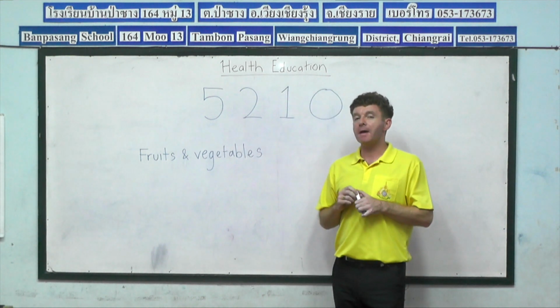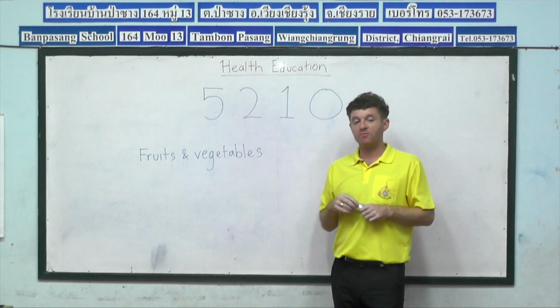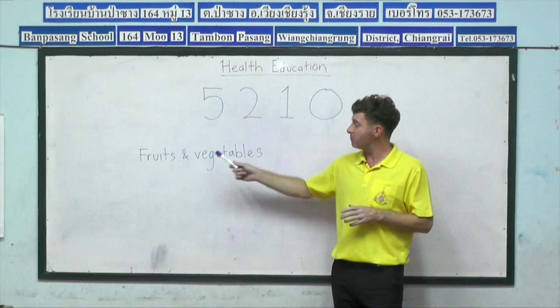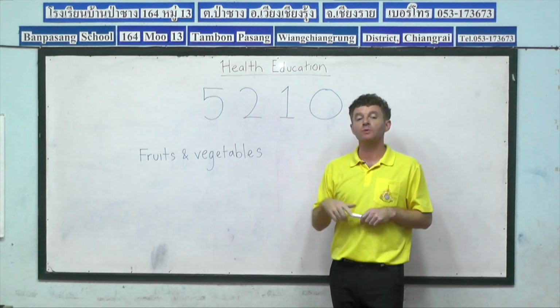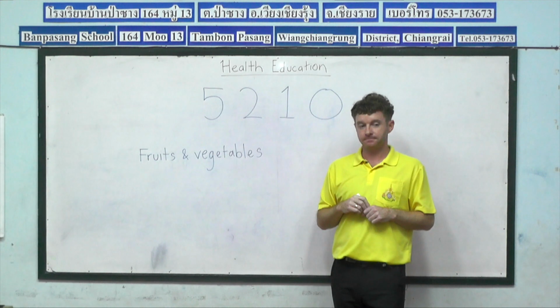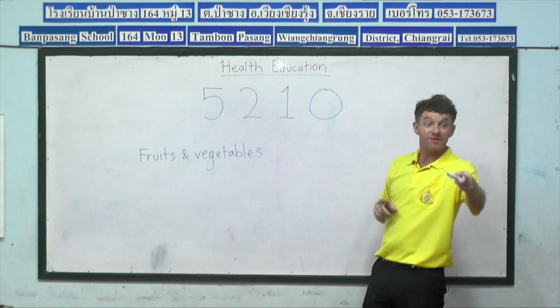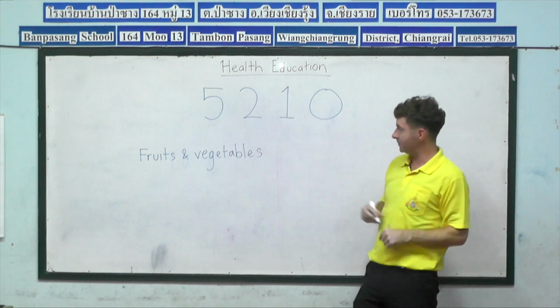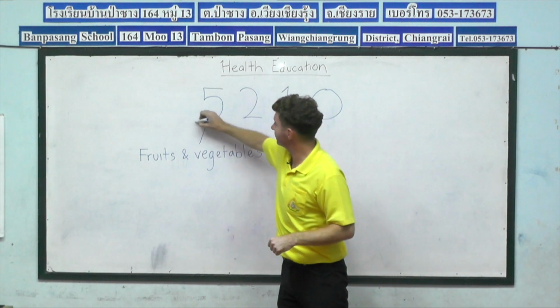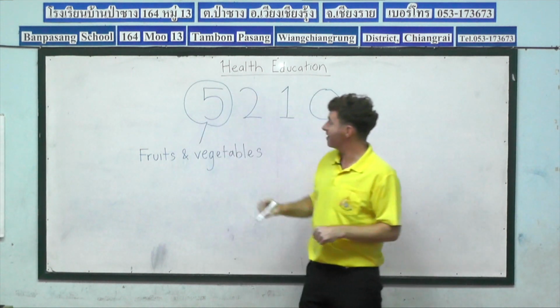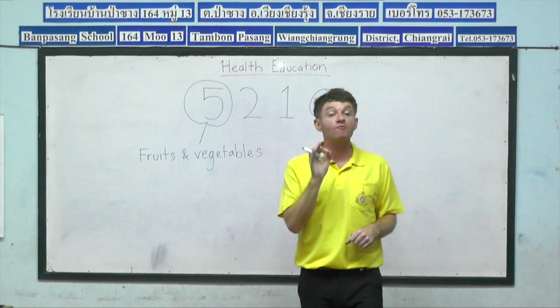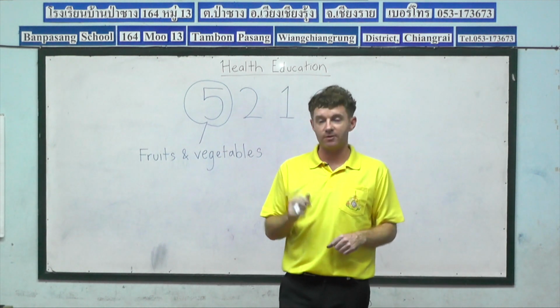So who can remember in one day, for a healthy lifestyle, how many fruits and vegetables should we eat in one day? Not 3. Have a look at the numbers. 5.